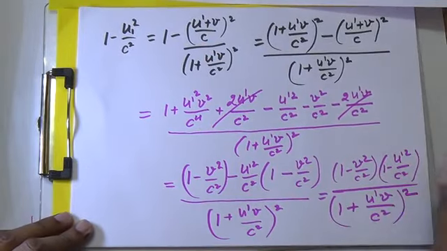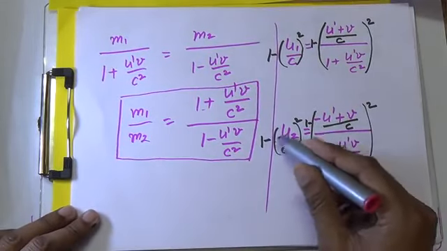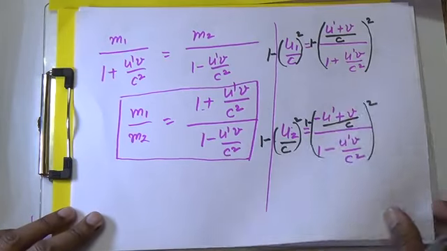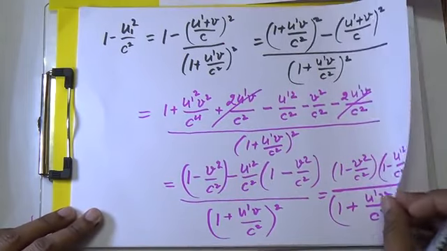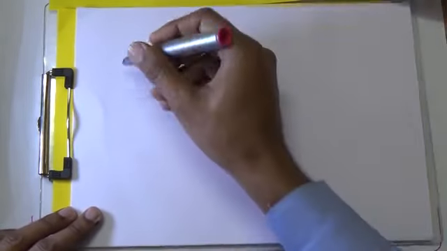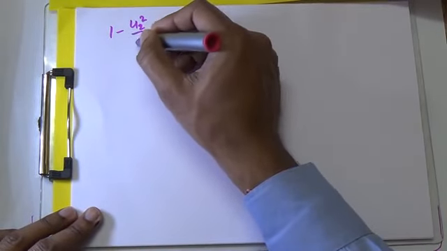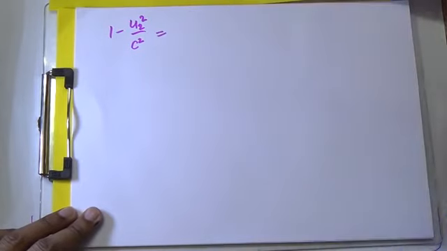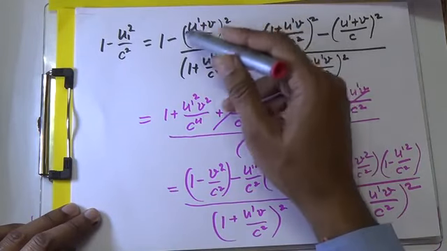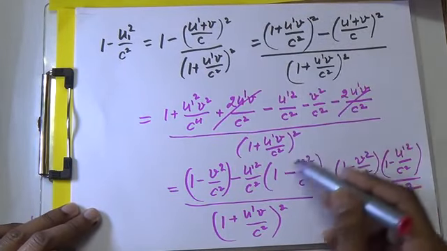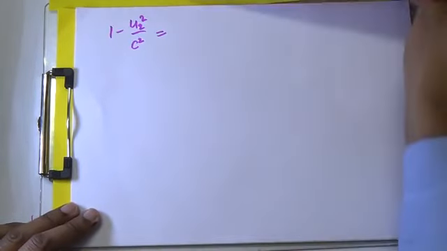Similarly, we have to find out the value for the second one, 1 minus u2 square upon c square. So now we have to find out the value for the second case, that is 1 minus u2 square upon c square. As we did in this case, we just put the value in and follow the simple algebraic process, so we can directly find the result.